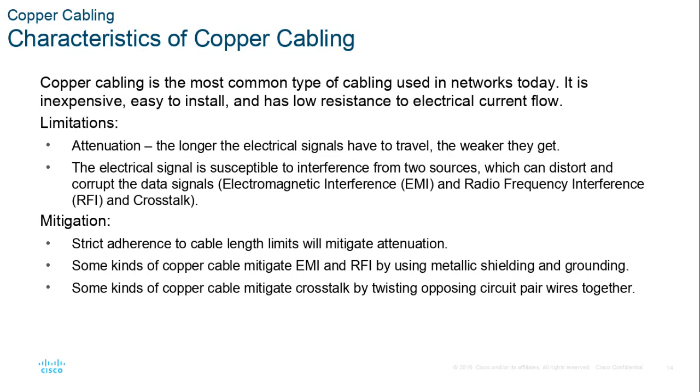So the limitation is attenuation, the diminution or petering out of the electricity representing the 1s and 0s as they go through a much longer length of wire. Also, there are outside interference sources. In our classroom, they just replaced all the overhead lighting fixtures.